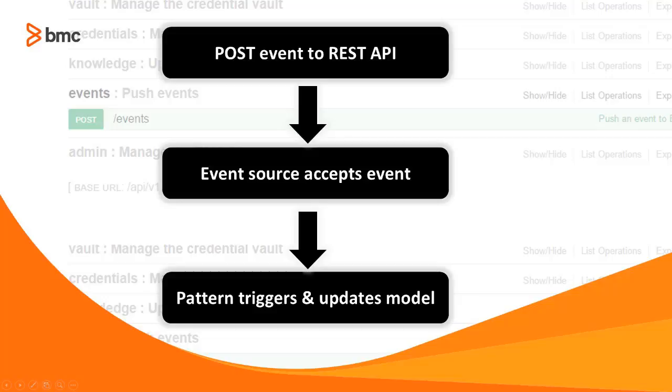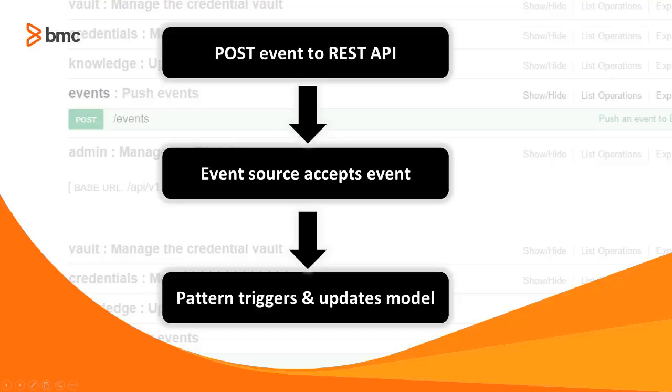We had an event source that accepted the event, and we saw that it created an external event record in our system. And then the interesting bit is that we had a pattern that triggered on the event type specifically, and it updated the model that we hold. In this example, we updated a field on a person node.